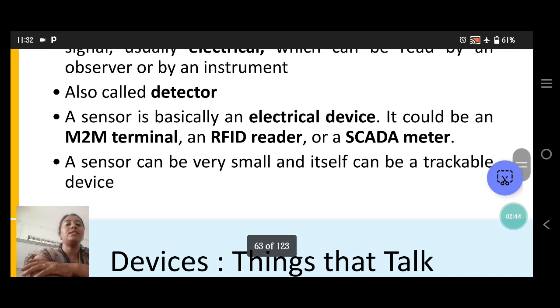A sensor is basically an electrical device. It can be an M2M terminal, an RFID reader, or a SCADA meter. The machine to machine or signal to signal things we use may be in the form of machine to machine, or in the form of signals, or in the form of supervisory sensing machines.